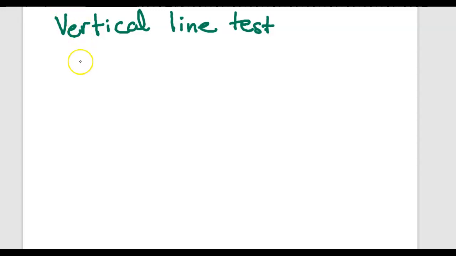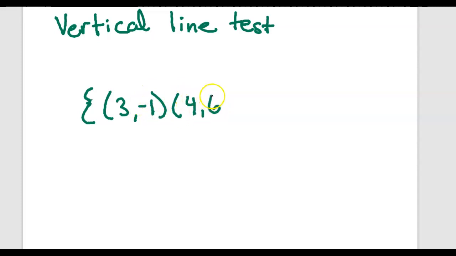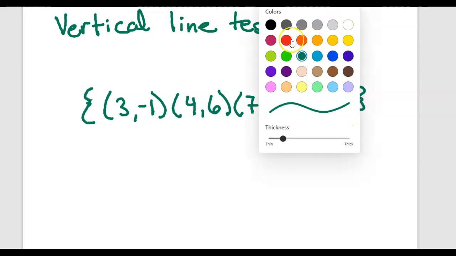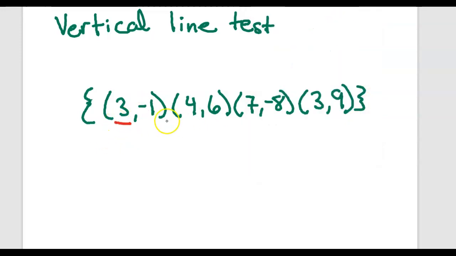But let's say we just have a set of ordered pairs. We have (3, -1), (4, 6), (7, -8), and we have (3, 9). Now, in this particular case, we only have to look at our x values for right now.